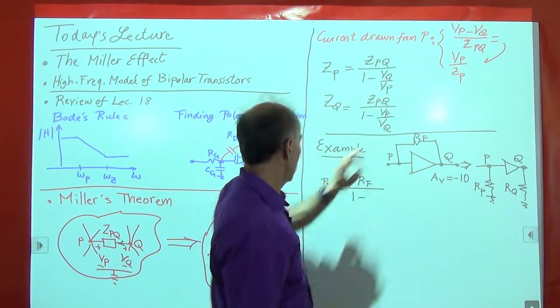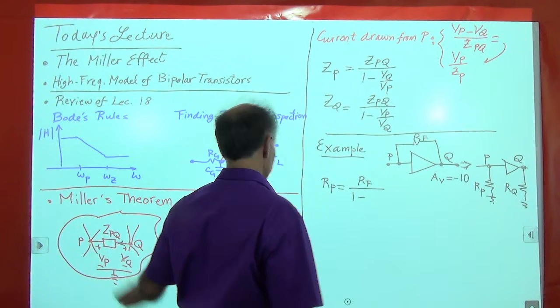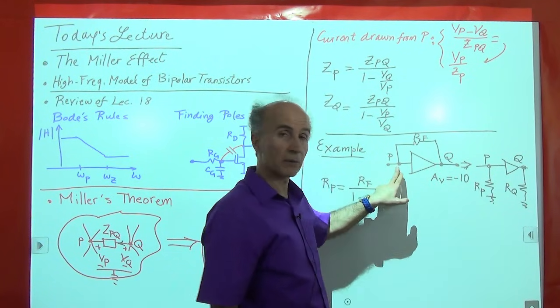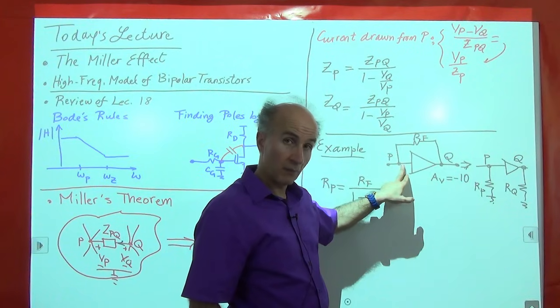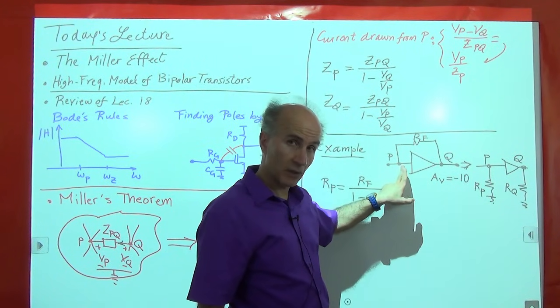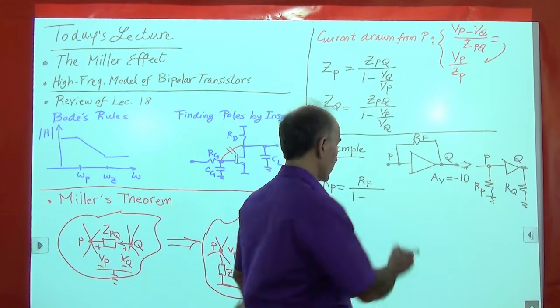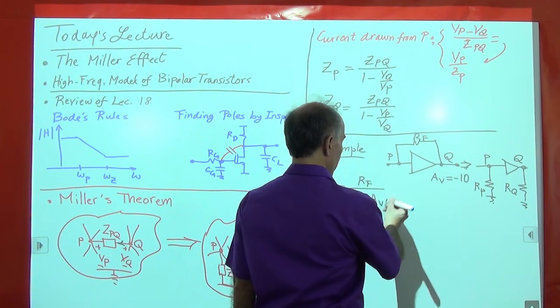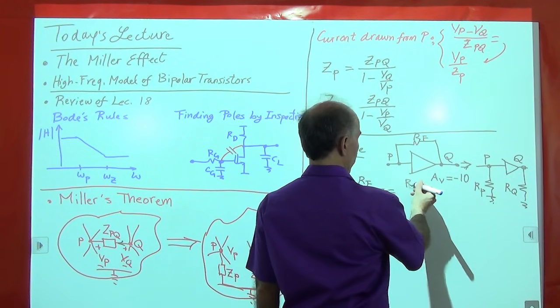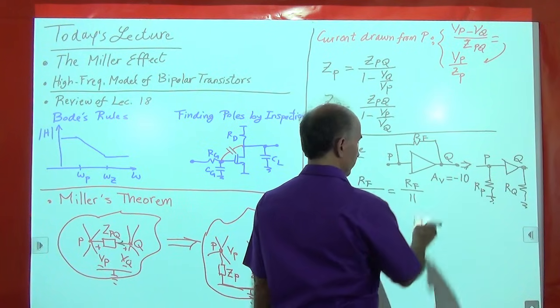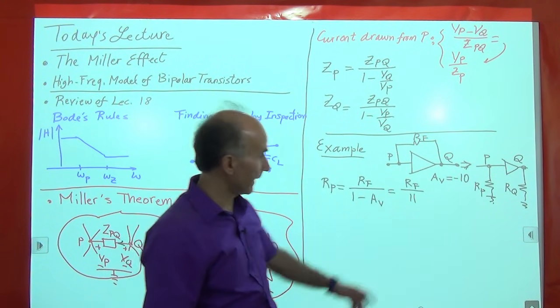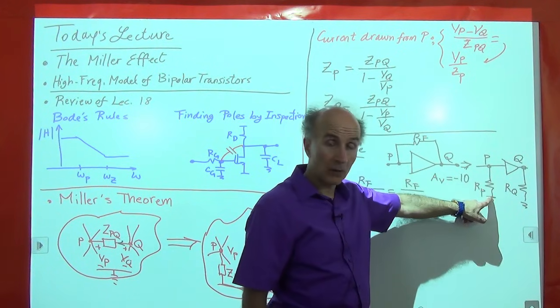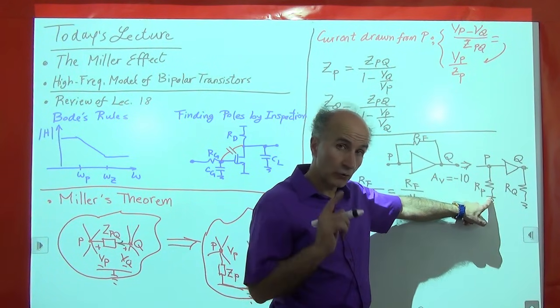VQ over VP is this voltage divided by this voltage. What do we call the output voltage divided by the input voltage? For small signal analysis, we call it the voltage gain. So that's 1 minus AV, and that comes out to be RF over 11. Okay, so that is this resistor that now appears from the input to AC ground.